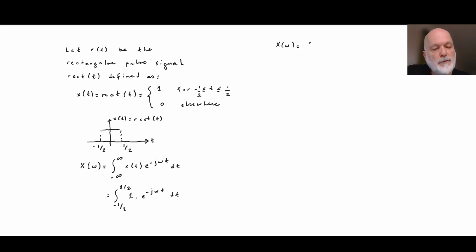So the integral is e to minus j omega t divided by minus j omega evaluated at these integration limits. So we have e to j omega over 2 minus e to minus j omega over 2, divided by j omega.